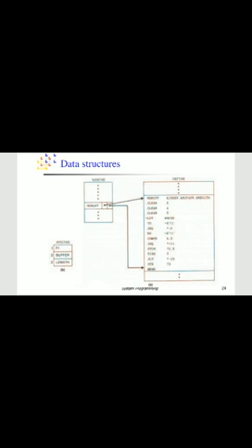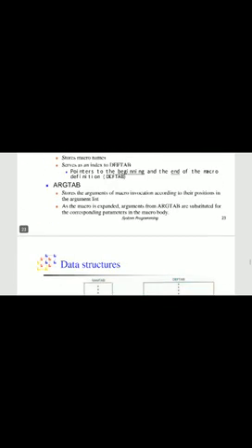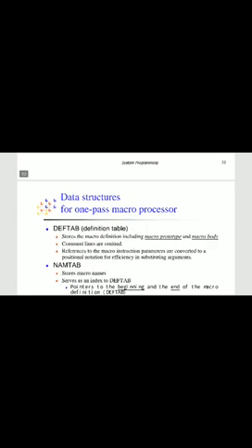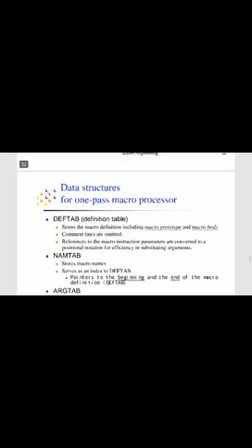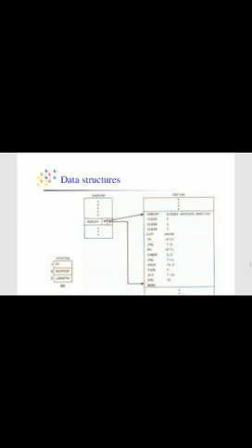Now just understand, whenever you define a macro and when you invoke it, how it is expanded with the help of these three data structures: the definition table, name table, and argument table.